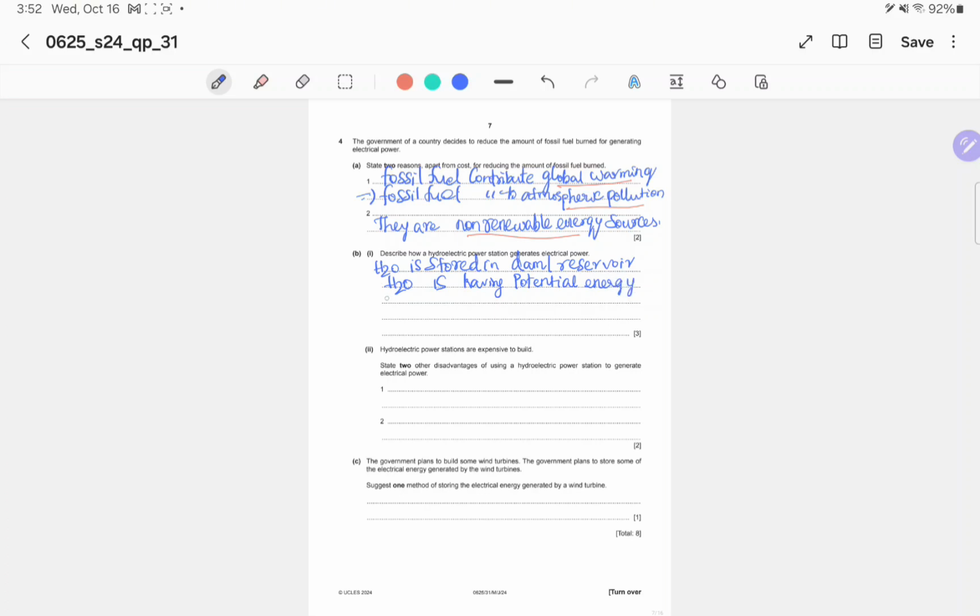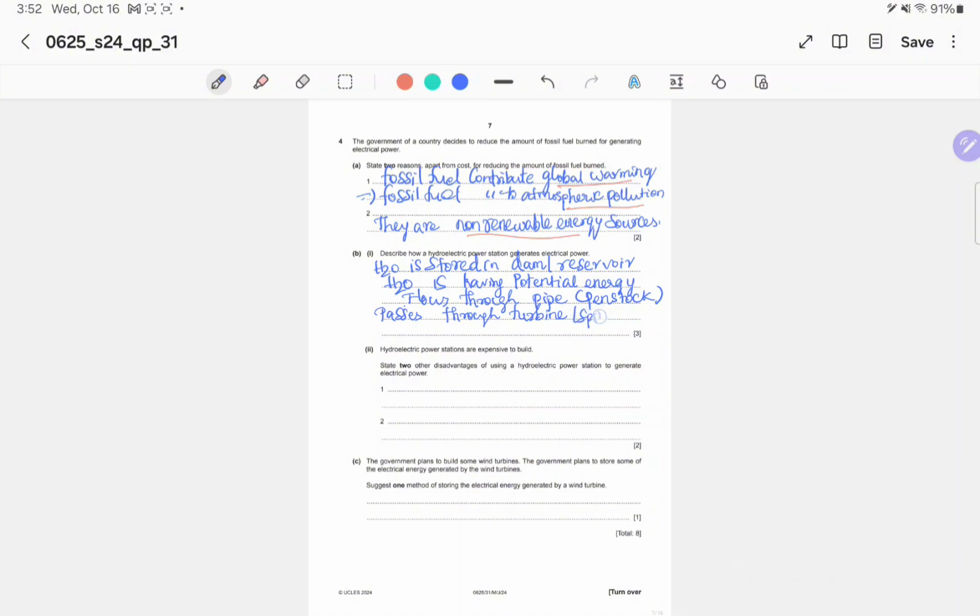The water flows through the pipe, which is called the penstock. From there it passes through the turbine, or spins the blades in the turbine. That's the clear answer.